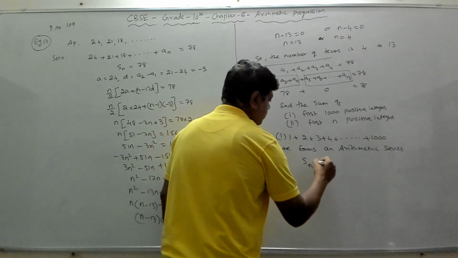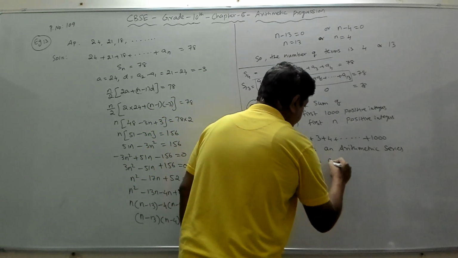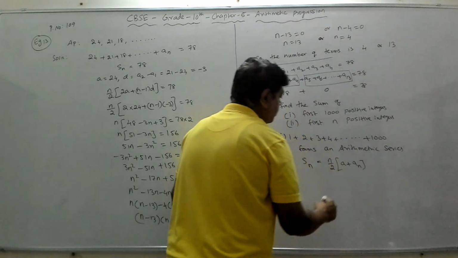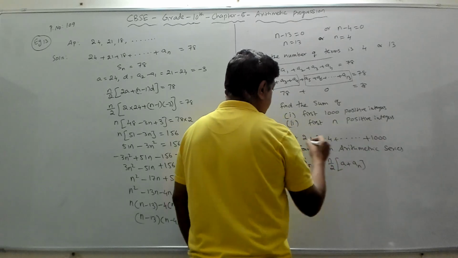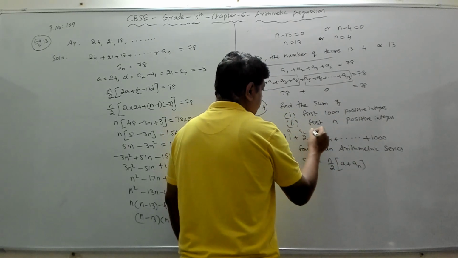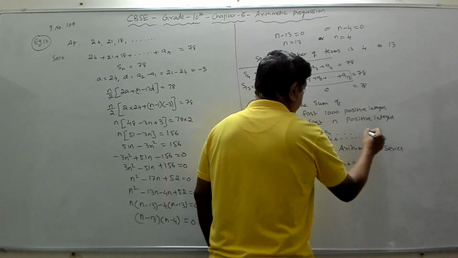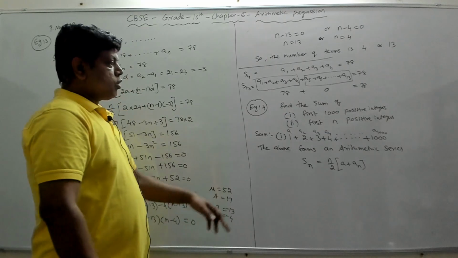So we'll write the sum. Sn is sum of first n natural numbers. Sn is given by the formula n by 2 into a plus an, which we can use. Why can we use a plus an? Because we know the last term an. So this is your first term a1, a2, a3, a4 dot dot dot, this is a1000. So we know the 1000th term is 1000.